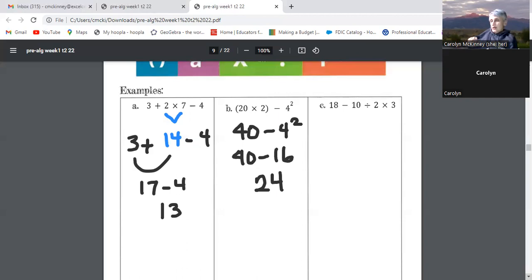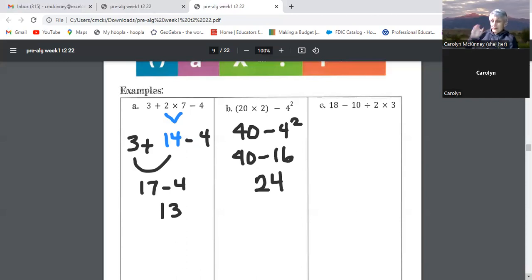All right. So in C, no parentheses, no exponents. So everything's on those last two levels of multiply, divide, add, and subtract. Be careful. Do not just simply go from left to right. We do need to jump over that subtraction.